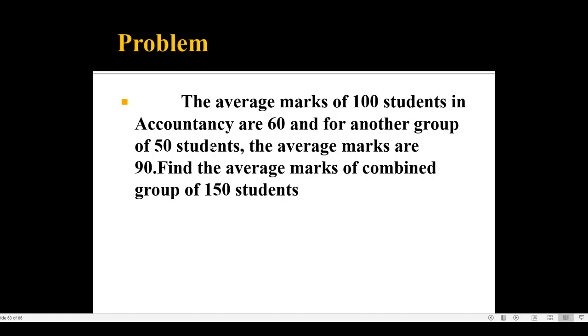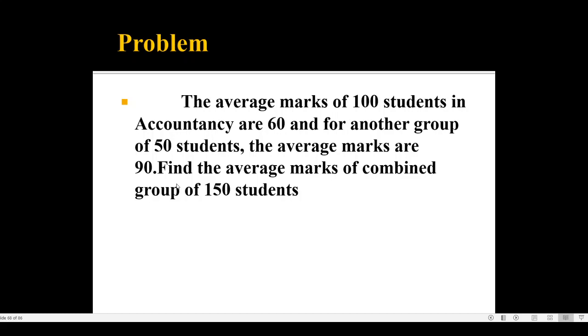Then for the second group of 50 students, n2 is 50 and the average marks are 90, therefore x2 bar is 90. We must find the average marks of the combined group of 150, which means this 100 plus this 50 is 150.